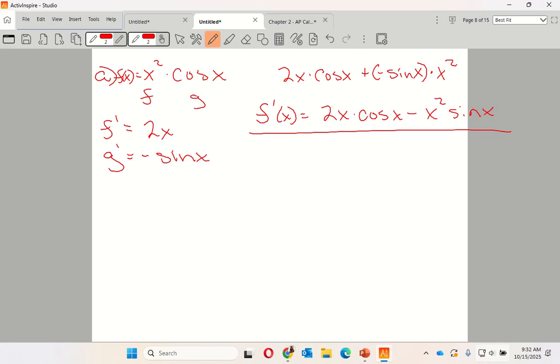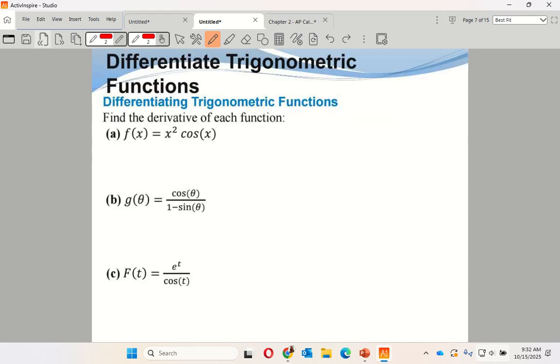All right. I'm going to go to B. Let's see. Cosine over 1 minus sine.